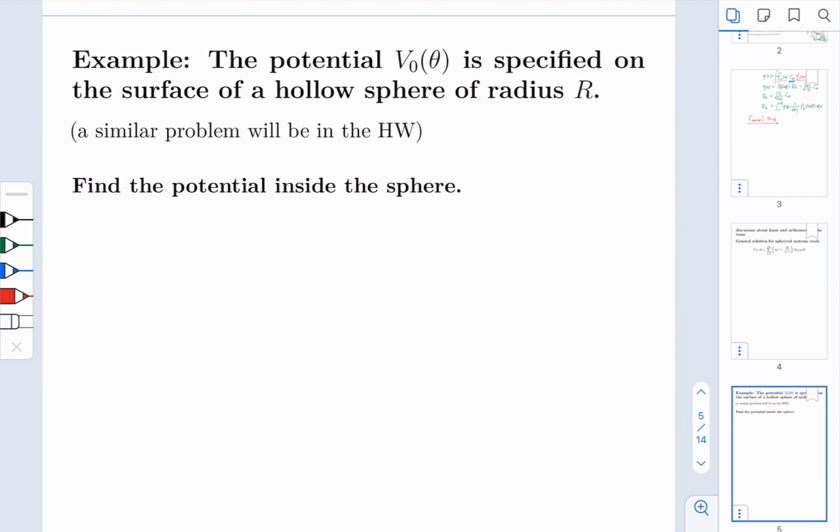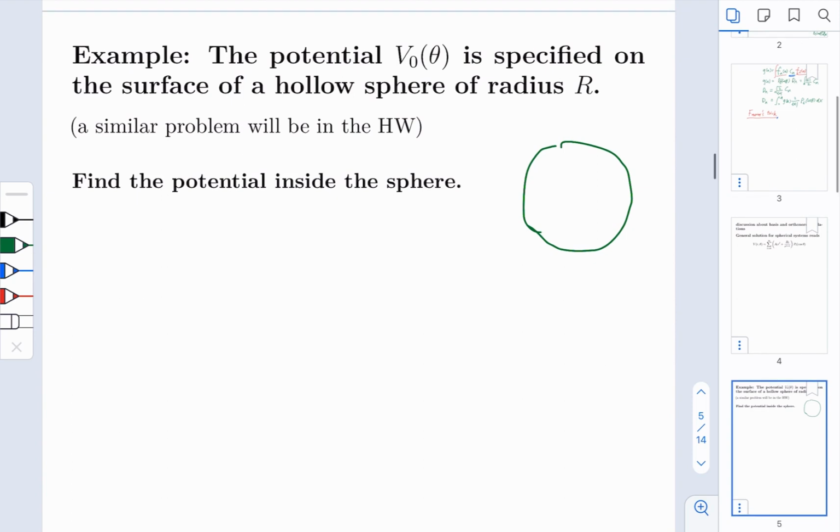So here there is a sphere, and let me say that there is an angular distribution of the potential on top of this sphere. Let's just say it's sine squared over 2, and the radius of this sphere is R, and inside is empty, and so there is no charge.